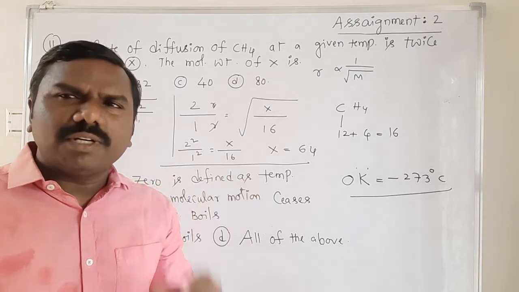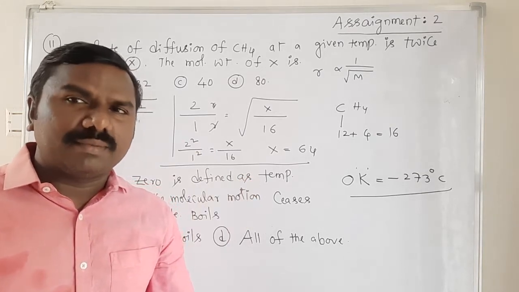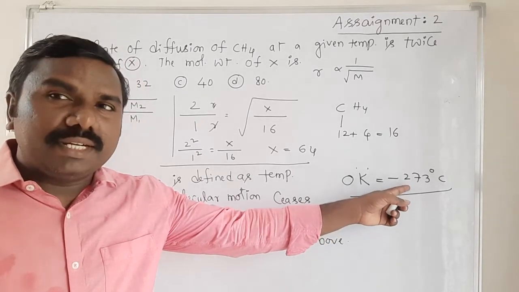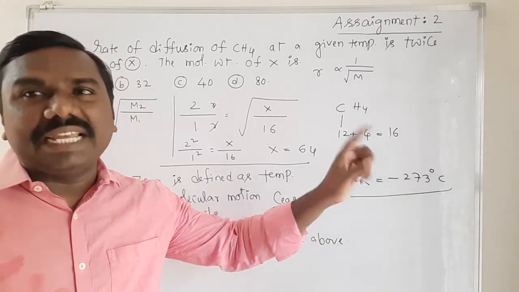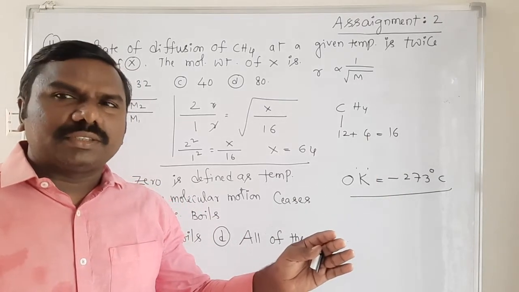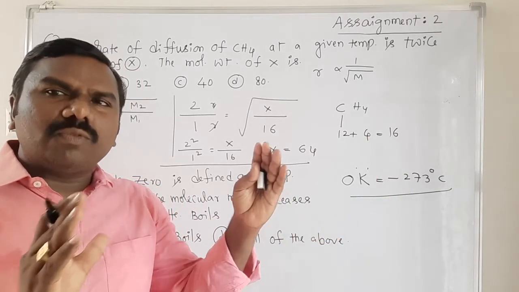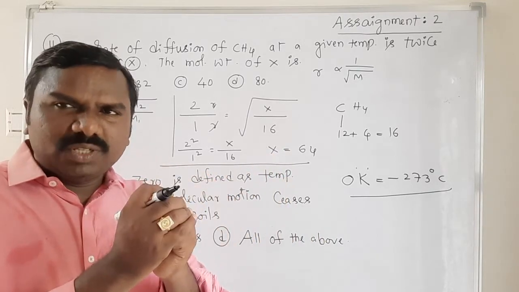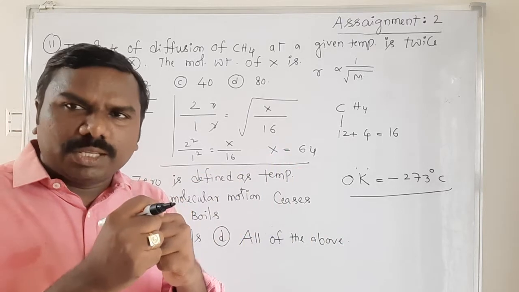Minus 10, minus 20 are difficult to exist sometimes, okay, minus 40, minus 50. But minus 273 degrees Celsius is difficult to exist. At 0 degrees Celsius, water molecules come close to each other and finally become a solid, with no movement in the H2O molecules.